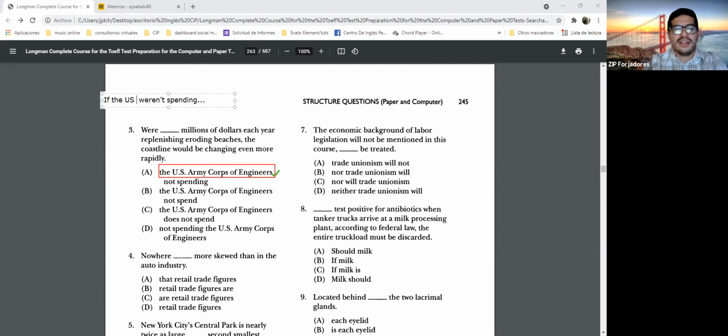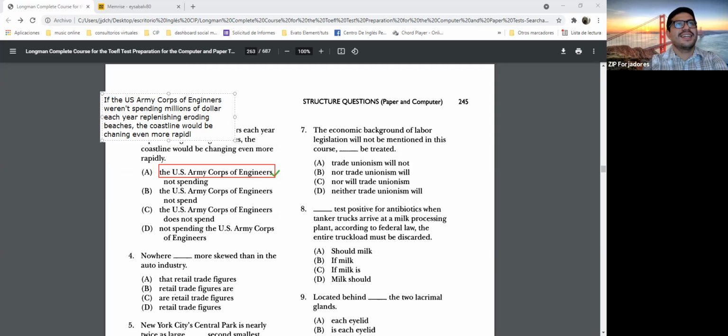The U.S. Army Corps of Engineers weren't spending millions of dollars each year replenishing eroding beaches, the coastline would be changing even more rapidly.